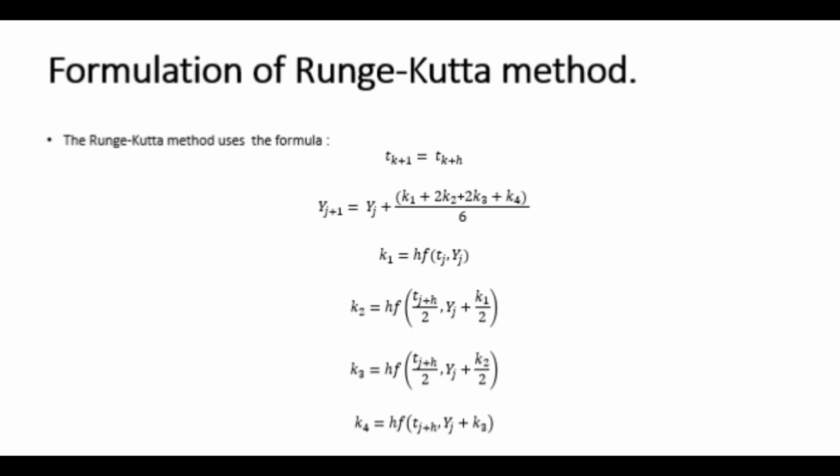The value of k2 is h times the function of t_i plus h over 2 and y_i plus k1 over 2. K3 is equal to h times the function of t_i plus h over 2 and y_i plus k2 over 2. And k4 is equal to h times the function of t_i plus h and y_i plus k3.